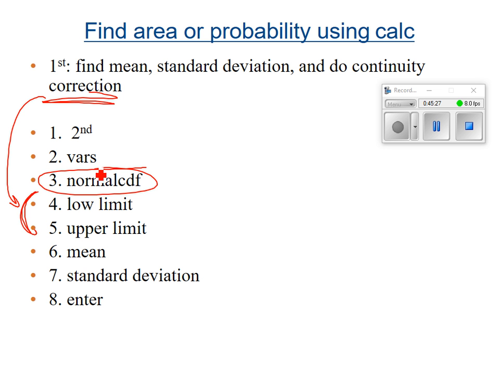Also remember that this works whether they ask you to find the area under the curve or probability, they're both the same thing. So don't let that confuse you. The other thing, when you start to do this, please, especially on the test, when we have a test over this stuff next week, draw yourself a little curve, put your mean in the middle, standard deviations going out to each side, sort of draw it maybe a little better than mine.